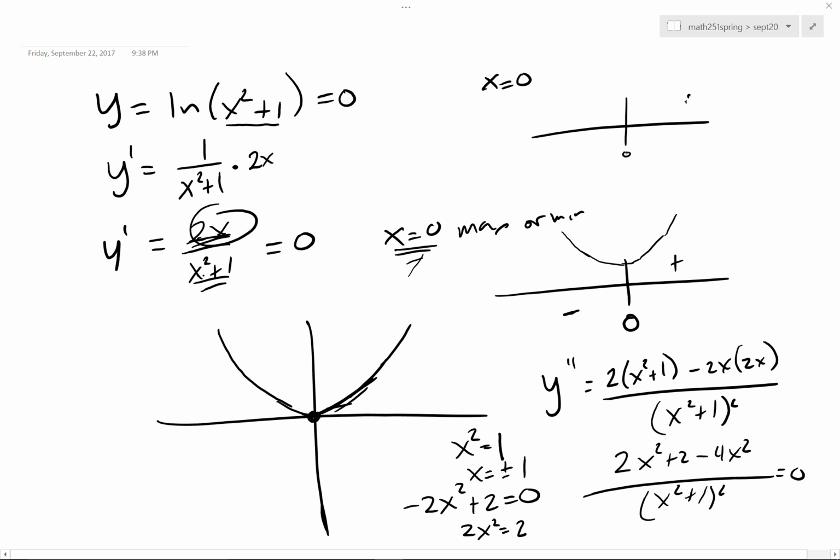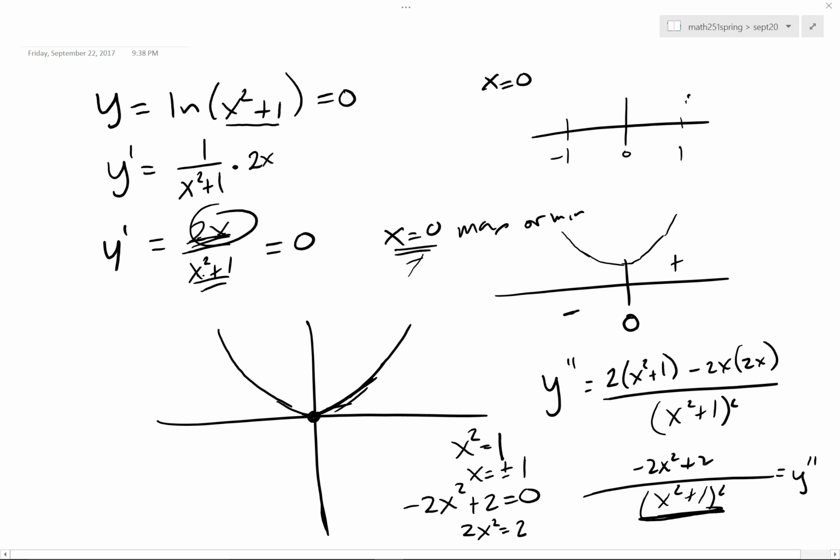So again, 0 here, negative 1, positive 1. I need to put points into this y double prime equation and see what I get. First thing I realize, the denominator is always positive, so all I'm looking at is the numerator.